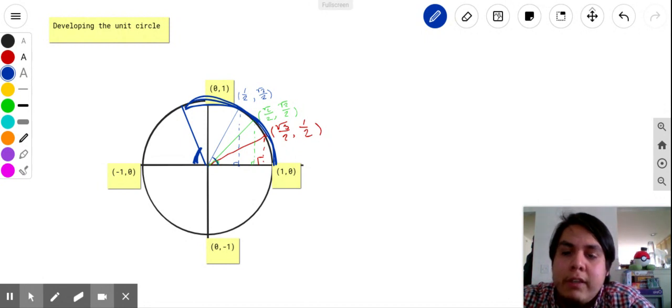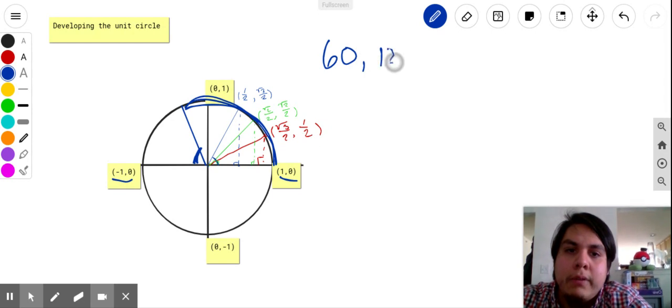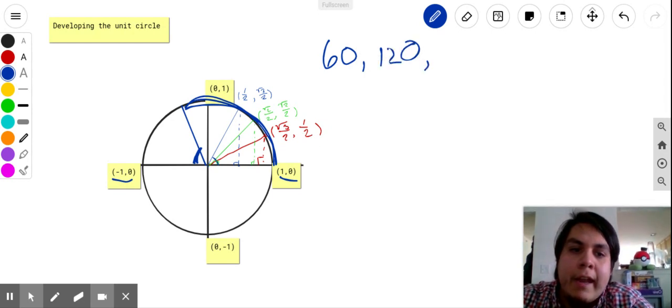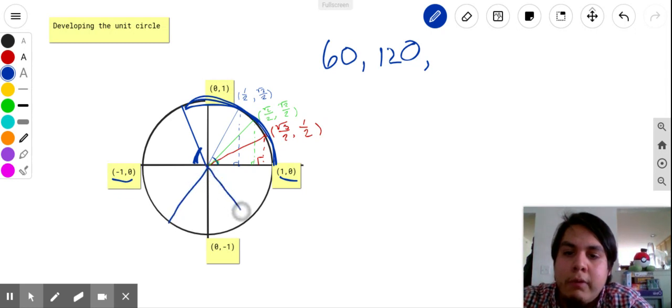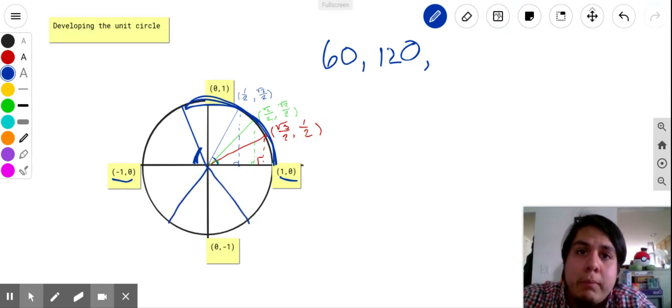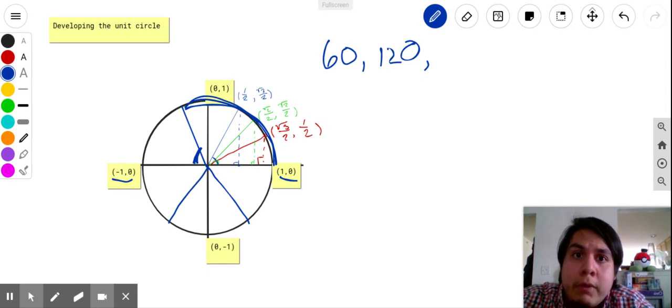So since this overall from (1, 0) to (-1, 0) is 180 degrees, then the reference angle would be 60 and then 120. And then I can use that to get the other one somewhere over here and the other one somewhere over here by using the same rules. So keeping in mind the sine, cosine, tangent rules and using the coordinate points, you can build out your unit circle.